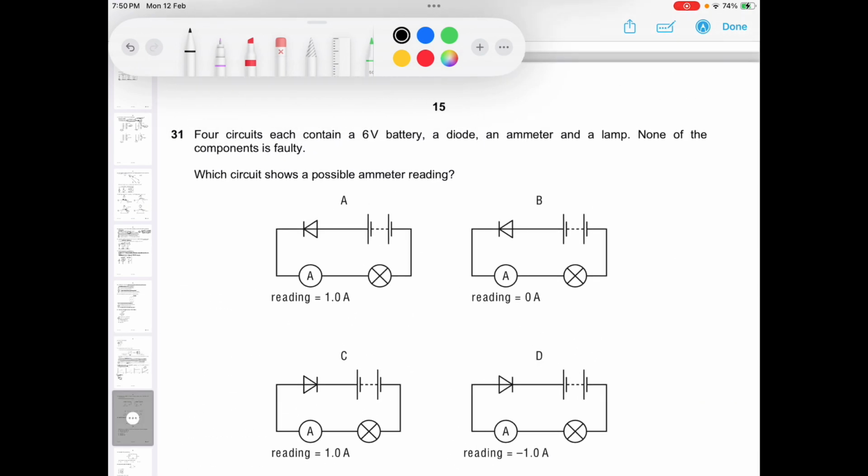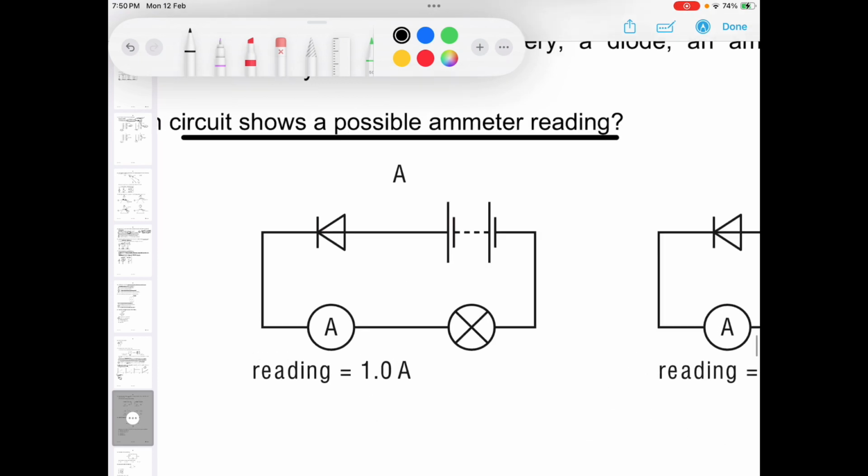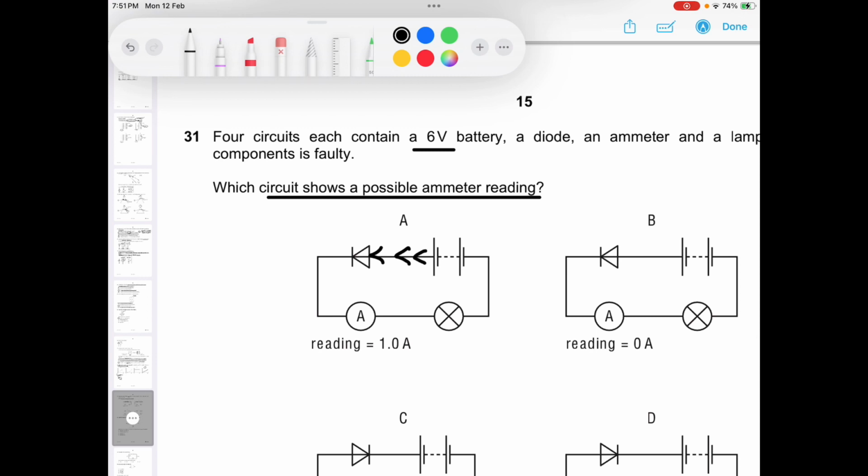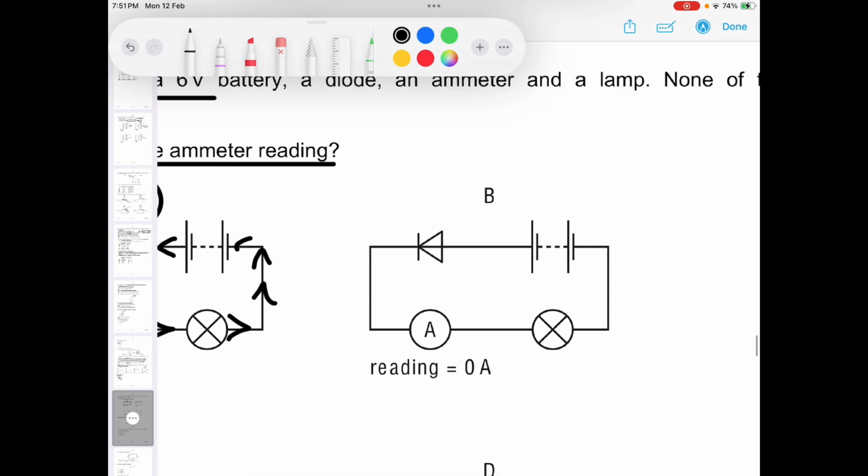4 circuits each contain a 6V battery, a diode, an ammeter, and a lamp. None of the components is faulty. Which circuit shows a possible ammeter reading? It depends on the direction of the diode. The current can pass through the diode, go through the ammeter, go through the lamp, and back, so it's A. Let's check the others.